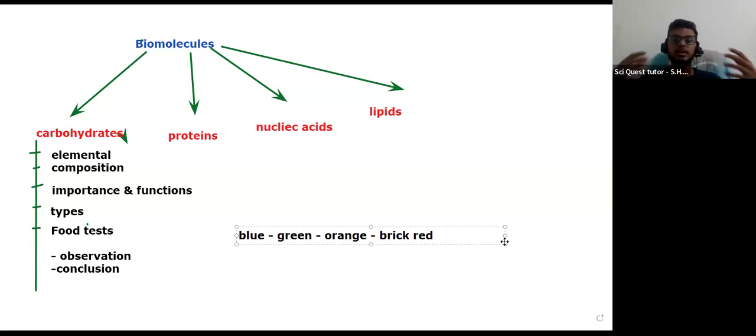But if it has the highest amount of carbohydrate, let's say a food like pasta, which has more carbohydrate in it, it might turn brick red. But some foods like roti have less carbohydrate in them, so they might turn green. Even a little amount of carbohydrate can be detected by the color change.